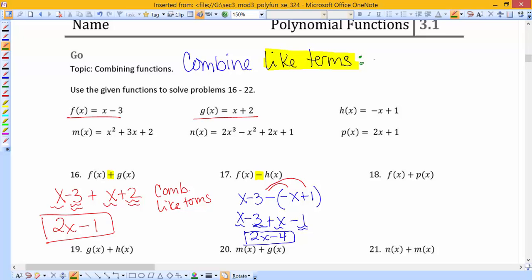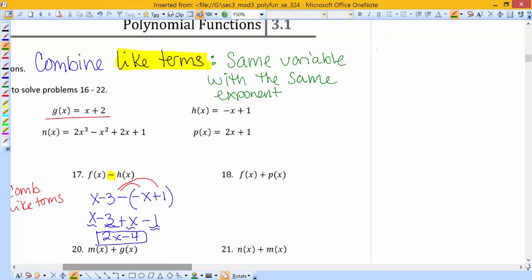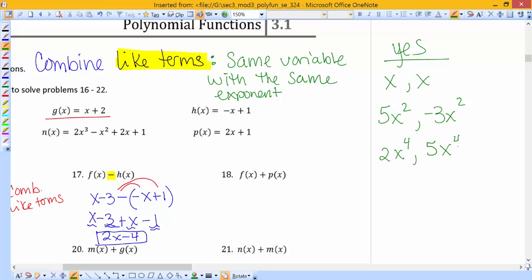Like terms are the same variable with the same exponent. So some examples of like terms. So yes, like terms. X and x. 5x squared, negative 3x squared. 2x to the fourth, 5x to the fourth.